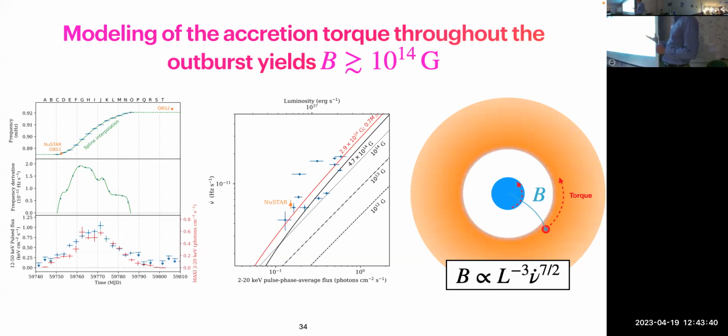We chose basically the most common one, which assumes again disk truncation due to the magnetic field, and it assumes that the torque is exerted at that inner disk radius. And so what we get is the magnetic field is proportional to this combination of the luminosity to the -3 and the spin up rate, so how fast the thing is being torqued, to the 7/2. And so when we fit that, we get even higher. So something like 10⁻14 joules. Okay, so numbers are not adding up here.